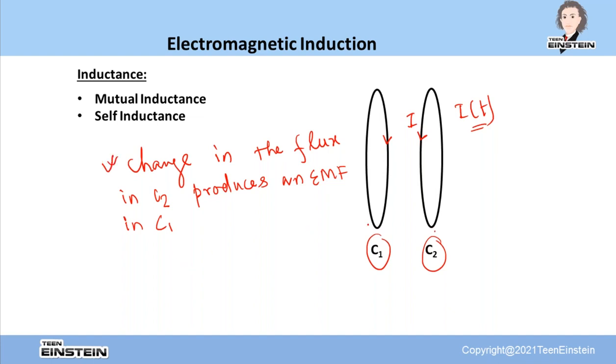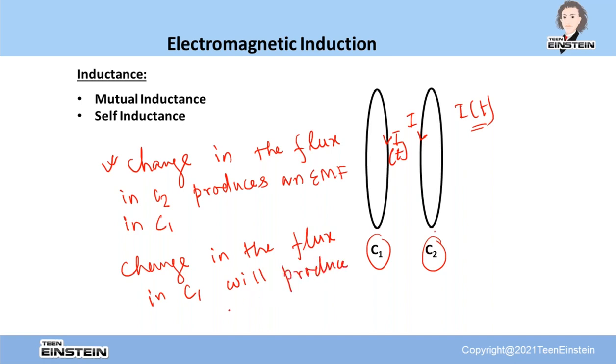Not only this, even if you have only a single coil, just C1, and you flow a varying current, an AC current, a current which is time varying, the change in the flux in C1 will produce an EMF in itself.